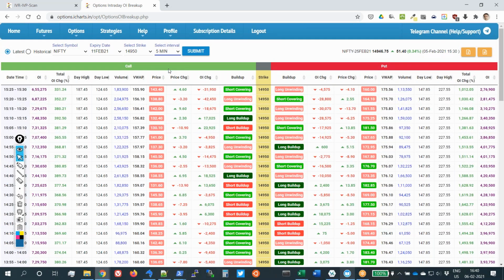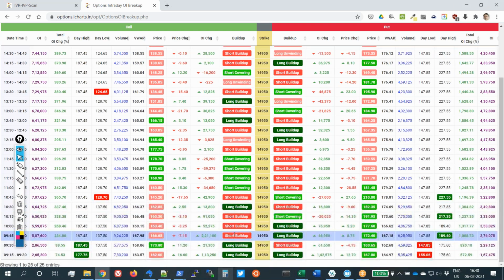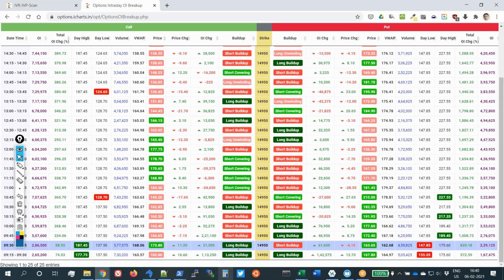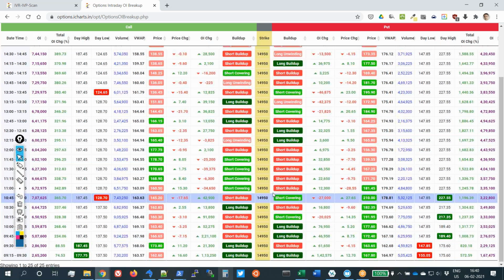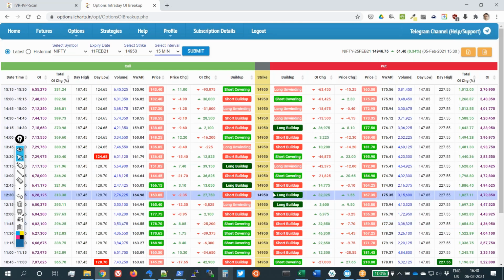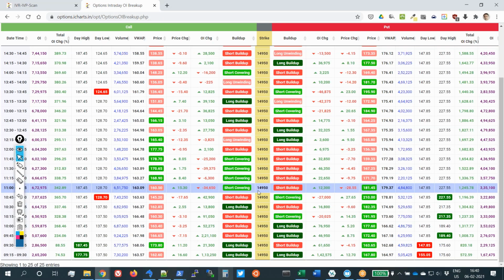You can go to 15 minutes and then you would get sort of small trends over here. So you can probably look at which side the buildup is happening, and then you can do it based on that. But I would just monitor this a little bit, but don't rely on this too much, because it's very difficult to take entries directly on this.